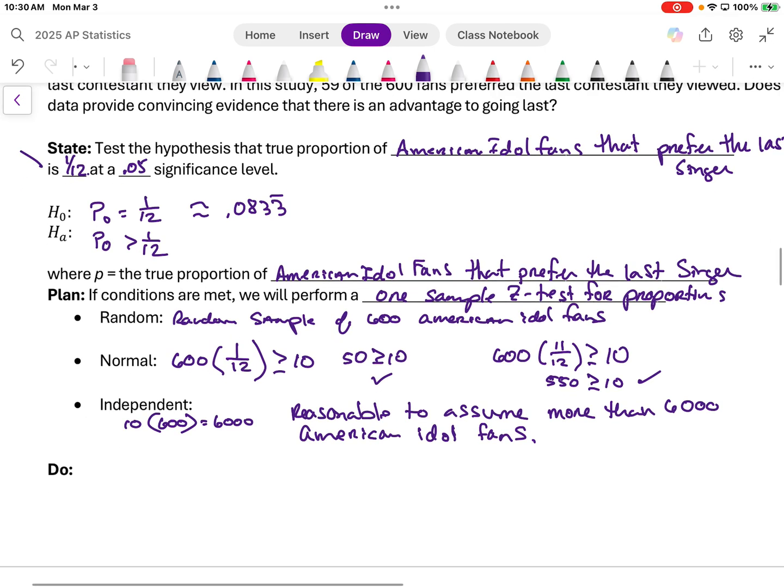Now, what is our P hat? Our P hat was 59 out of 600, which works out to be 0.0983.